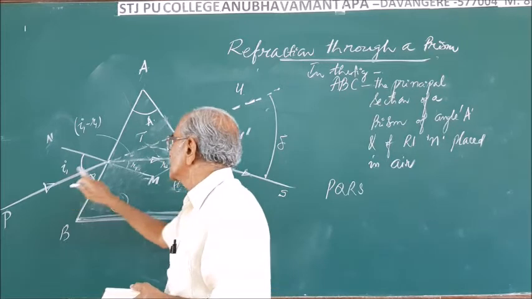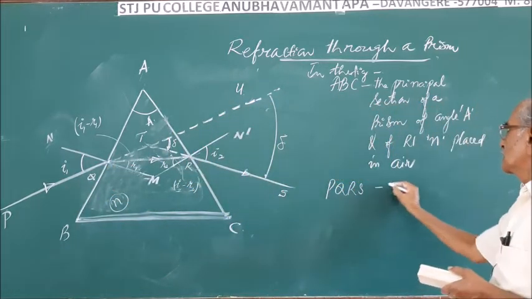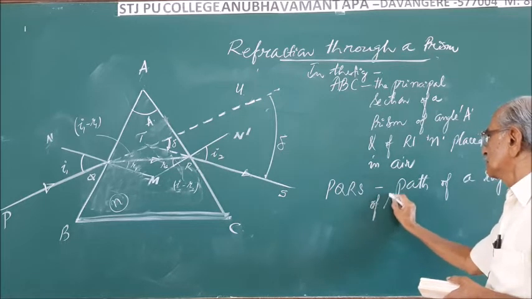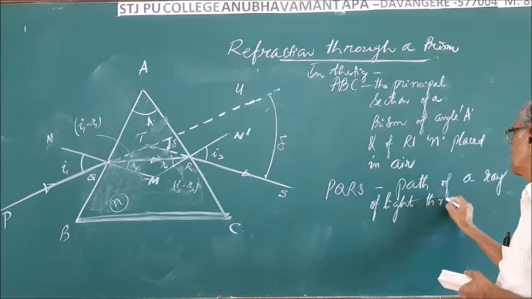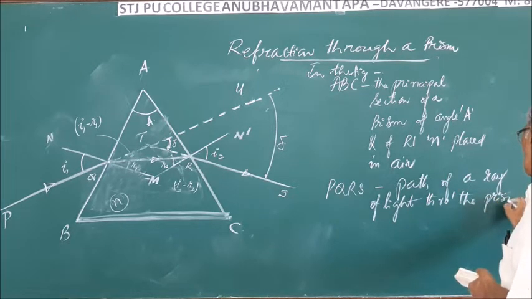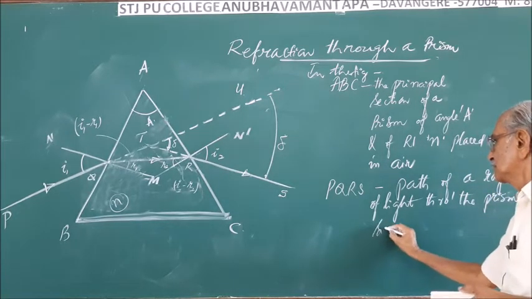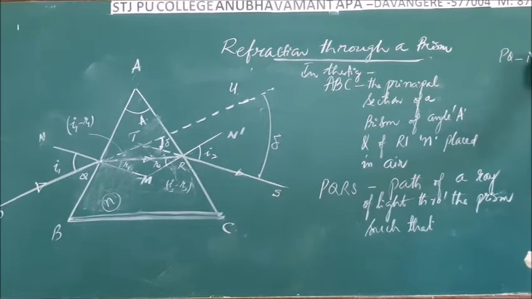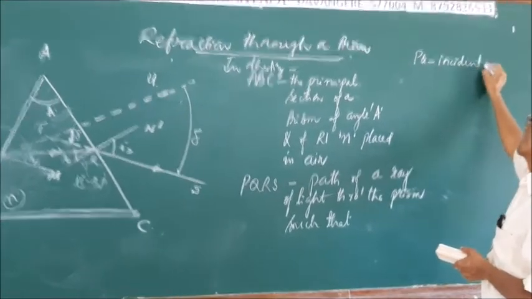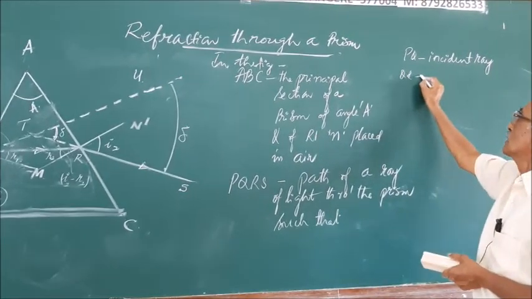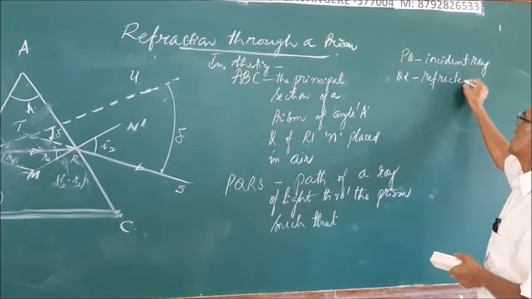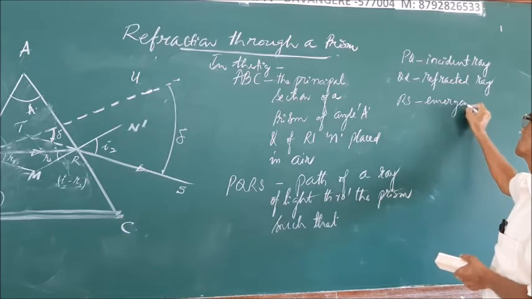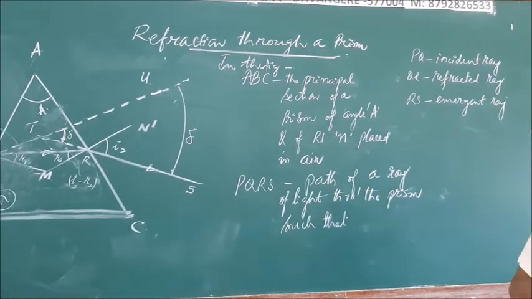PQRS is the path of a ray of light through the prism such that PQ is the incident ray, QR is the refracted ray, and RS the emergent ray.